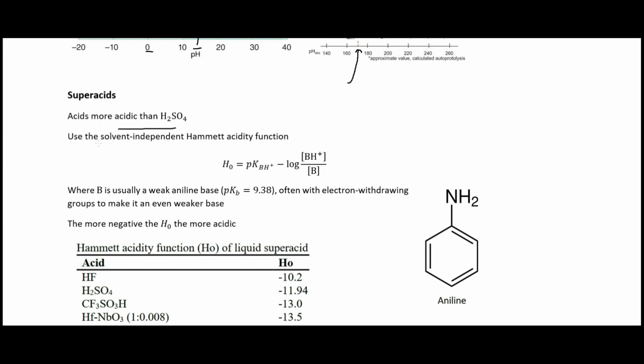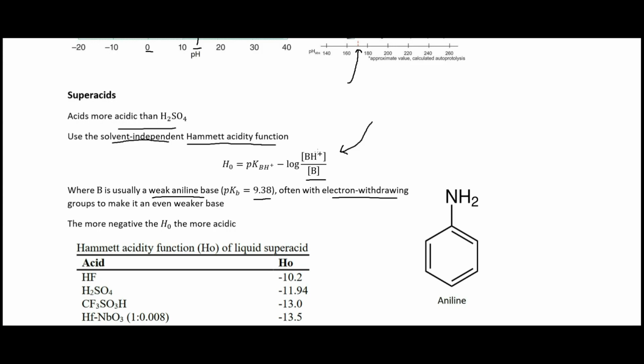So we use the solvent-independent Hammett acidity function, which is this, and these species here in the logarithm are usually a weak aniline base. Aniline has a pKb of 9.38, but they often put electron withdrawing groups on it to make it an even weaker base.